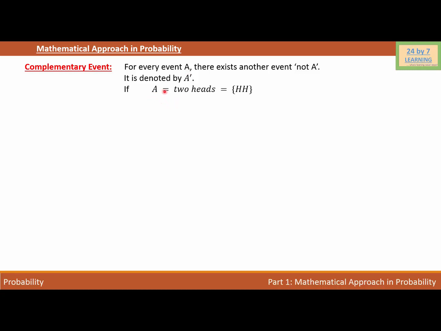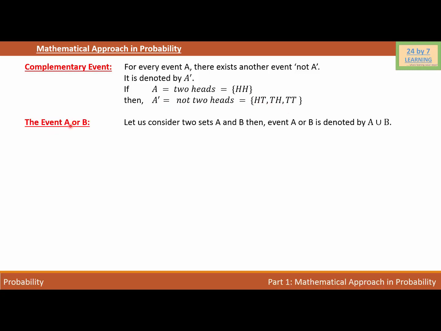If A is an event that is equal to two heads, which is head and head, then A dash is not two heads, which is basically all the other events: head tail, tail head, tail tail. In other words, if we are considering A as an event that has two heads, then A dash will be an event that has less than two heads or no heads, which is basically all the other three cases.